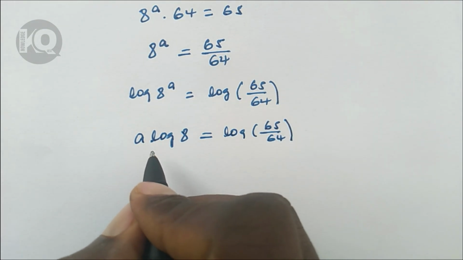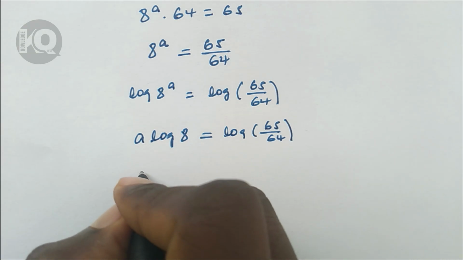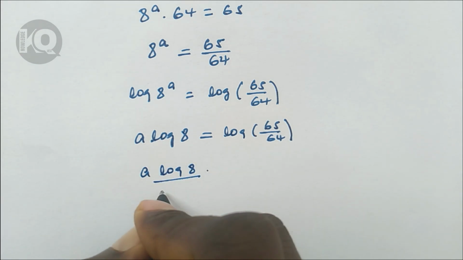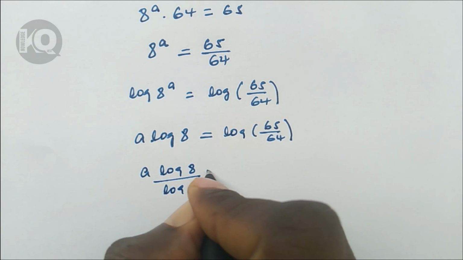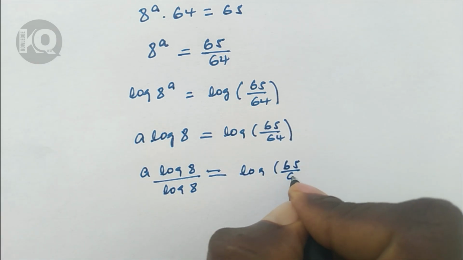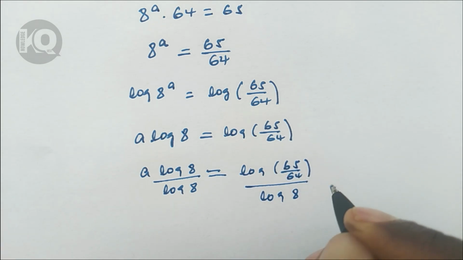Then next we have to divide both sides by log 8. So x log of 8 divided by log of 8 is equal to log of 65 divided by 64, divided by log of 8.